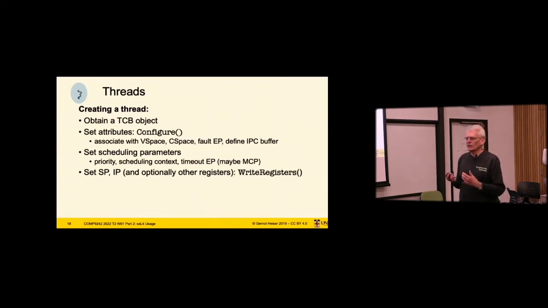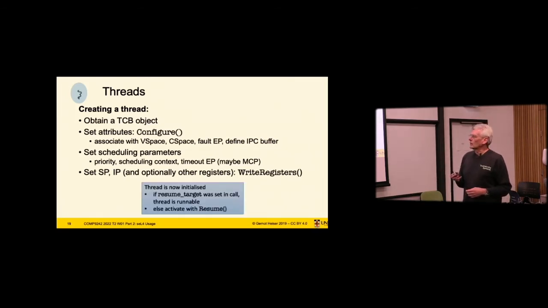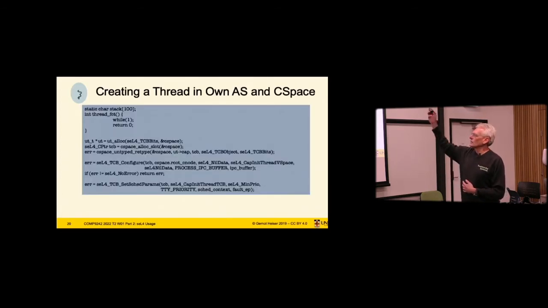And the write registers call is used to change the values of the user visible registers. So in particular, the stack pointer and the instruction pointer, which of course the thread needs to run. And after that, the thread can run, provided it's got time. And these are the APIs you use for that.